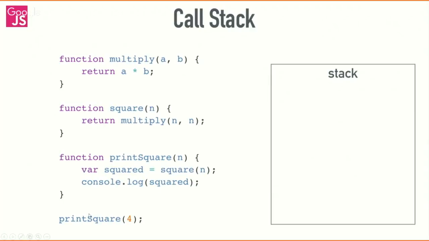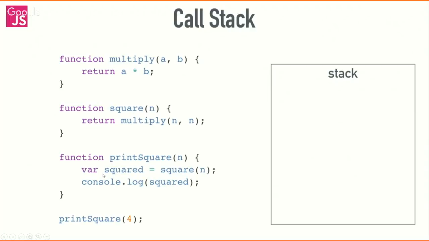That's all the stack can do. So if you run this file, there's a kind of main function here, printSquare. It gets put onto the stack, and then it stays on the stack.